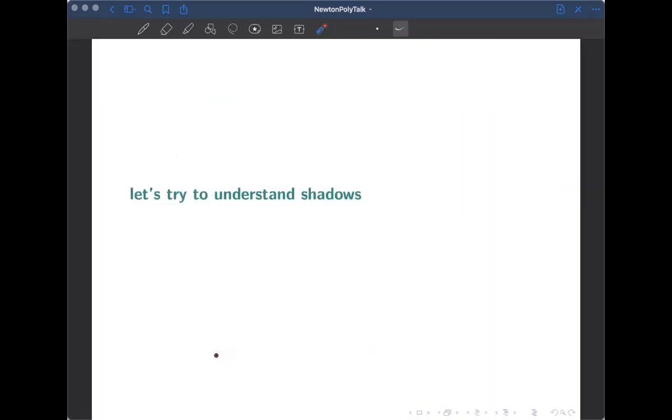So we want to understand the shadow complexity of the Birkhoff polytope. This is a purely geometric question, but before we can answer maybe this complicated question, let's first just try to understand shadows of polytopes. What can we say about them?